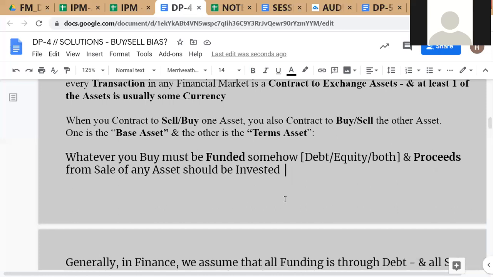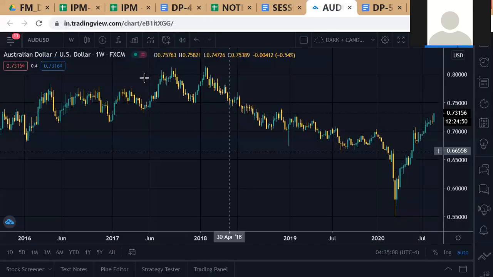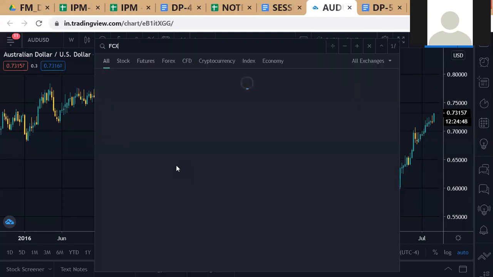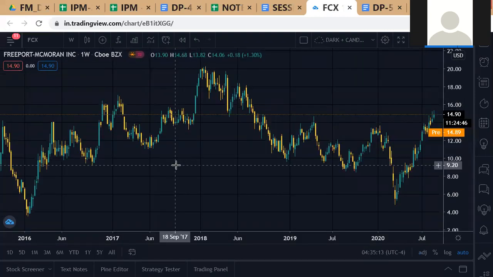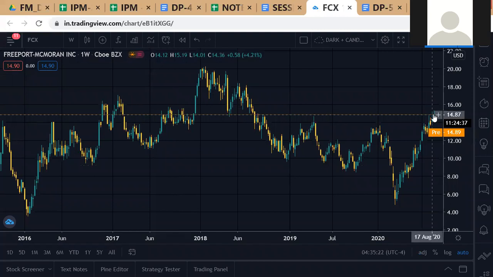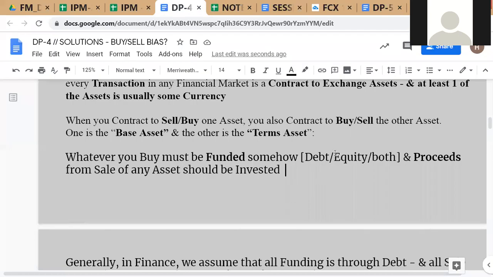Because let's say I want to buy 100 shares of FCX. So that's 1490 into 100. I have to come up with that amount of money. So I need those dollars. Where will I get the dollars? Either I already have the dollars, in which case it's in the form of equity. This money belongs to me.